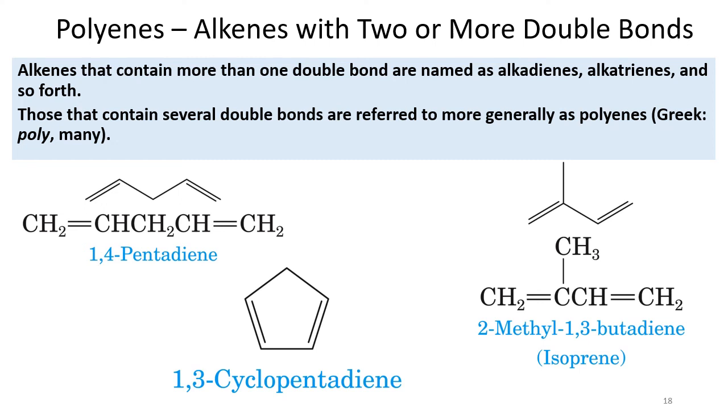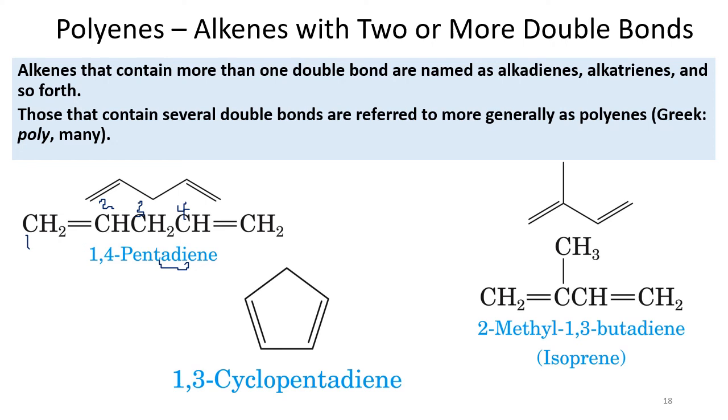So this is the difference between just a pentene with 1 double bond and then 2 double bonds becomes pentadiene. And the 1 and the 4, 1, 2, 3, 4. We count from either end, we get the same thing there. And then here it's 2-methyl-1,3-butadiene. And we also give you the common name there, isoprene.